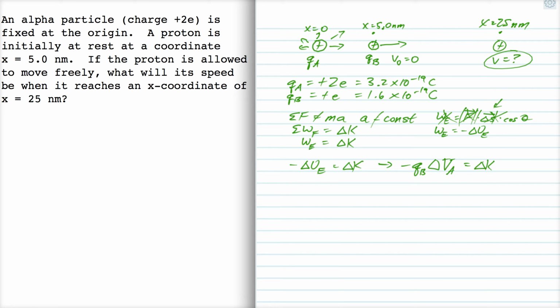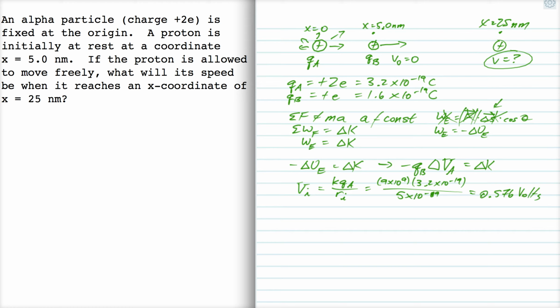So let's calculate the initial potential due to charge A. That's going to be K QA over Ri. Here's our Coulomb constant, and then QA, and then we divide by 5 times 10 to the minus 9 meters. And that's 0.576 volts.